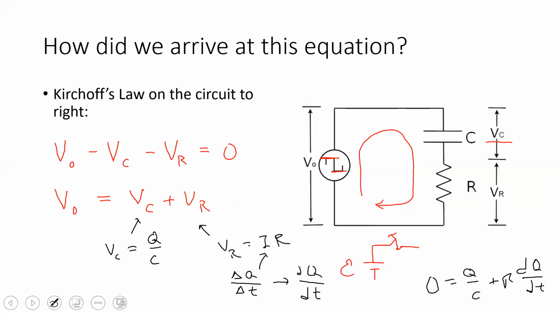That's some really messy handwriting, but that's what it's going to look like. When we solve that differential equation, the solution is that lovely equation you've got on the previous slide.